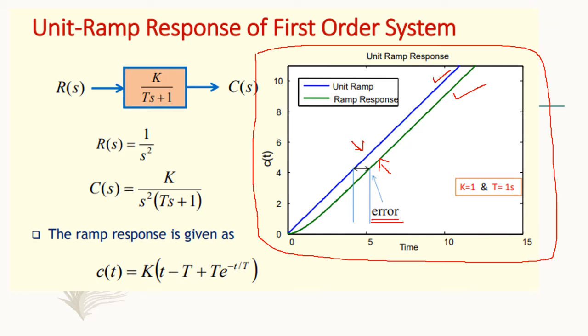We have considered a first order system, and you just take k as an amplitude, multiplying k to the whole first order system output response. So for k equals 1 and T equals 1 second, I am getting this waveform.